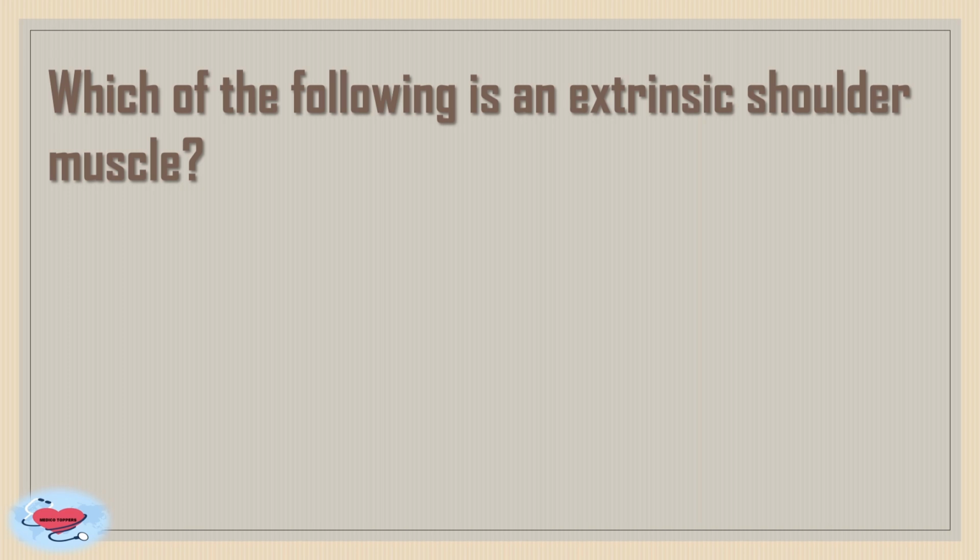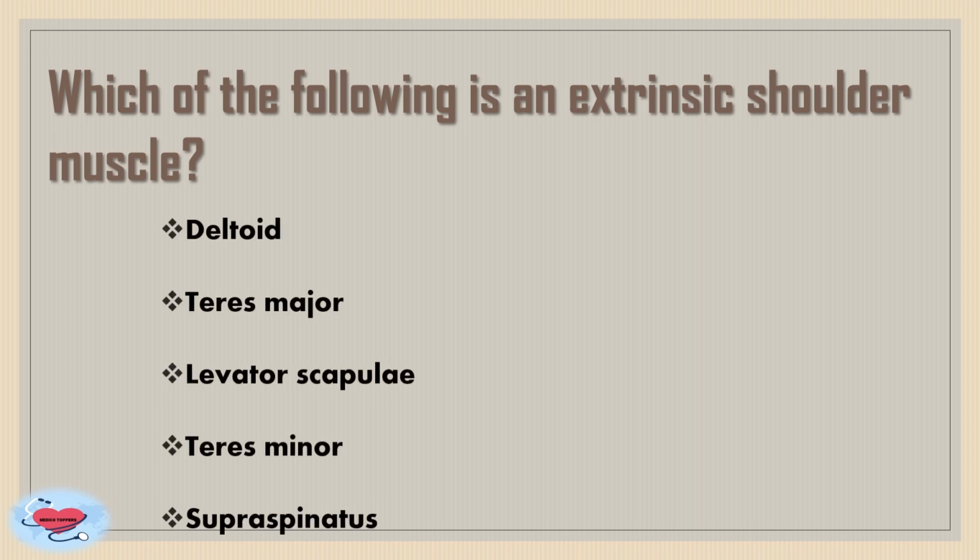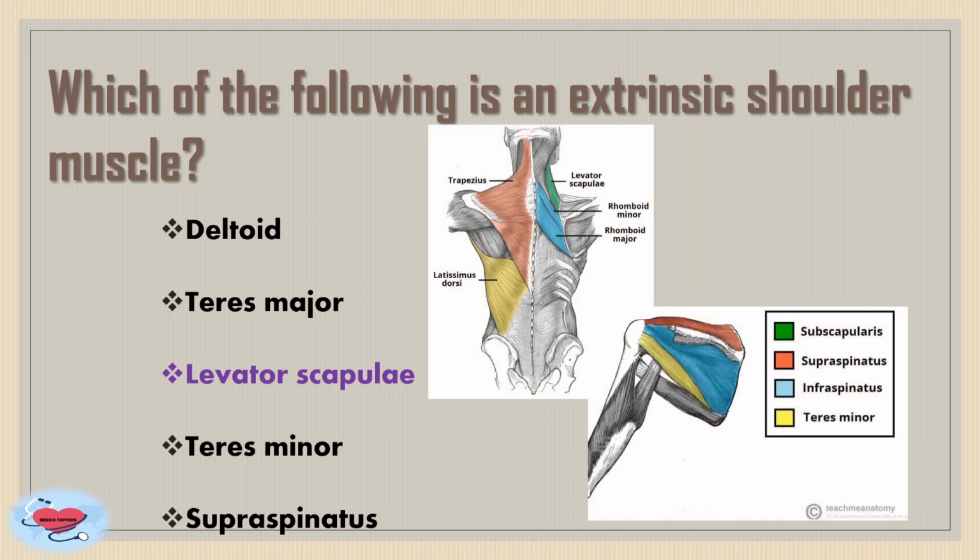Next one, which of the following is an extrinsic shoulder muscle? Options are deltoid, teres major, levator scapulae, teres minor and supraspinatus. I hope it will be clear in this image.